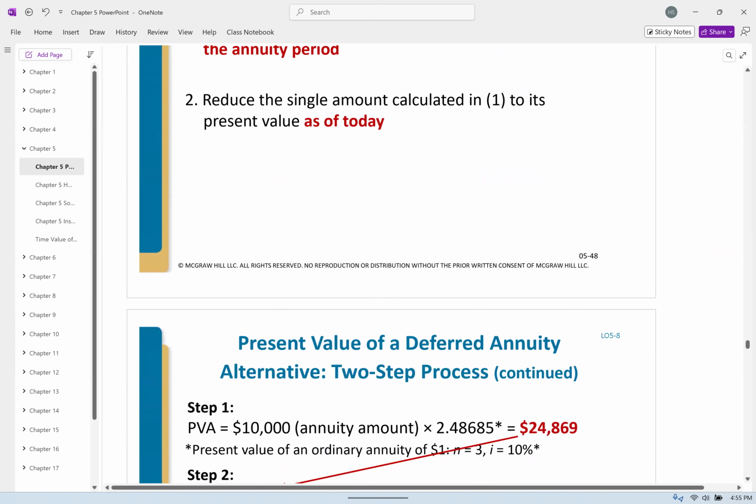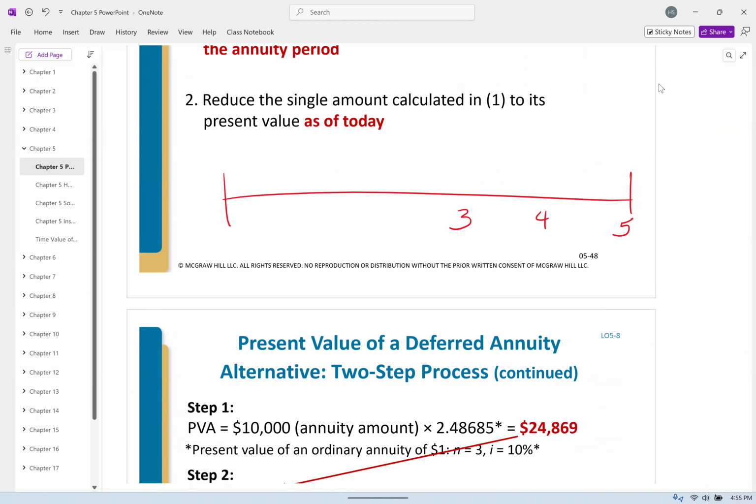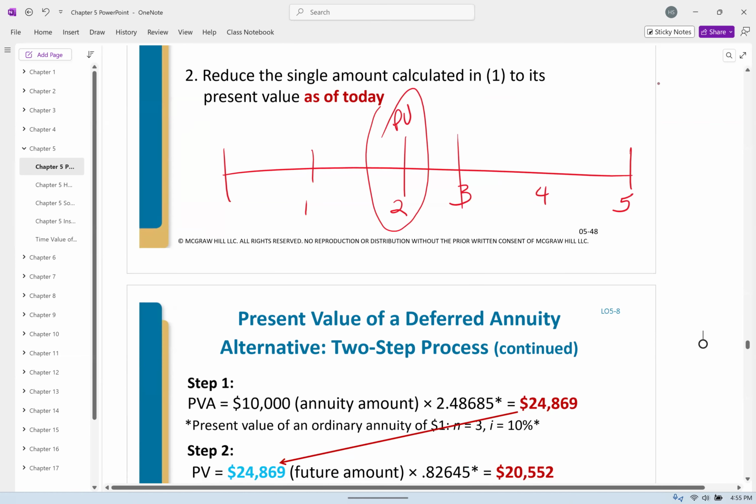Okay. So we had that timeline, and this was 5, 4, and 3. We were trying to get that present value right there at that year 2, and then we had 1. So we're trying to find that. Okay, we can go to the time value of money tables.